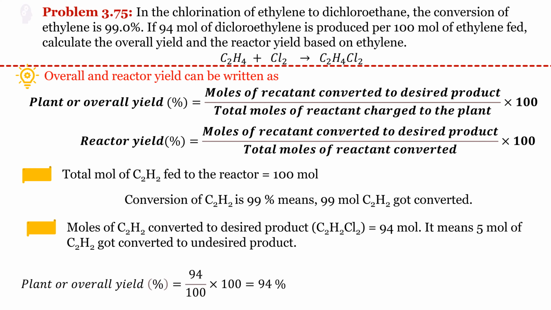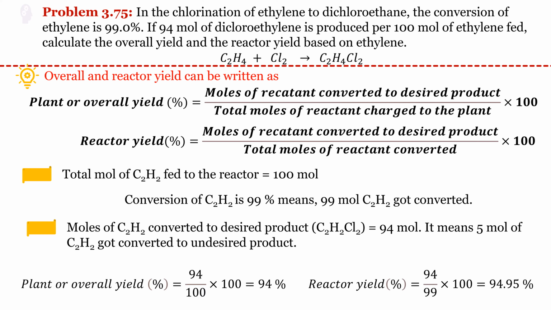Now we can write the plant yield will be equal to 94, which is moles of reactant converted to the desired product, divided by total moles of reactant charged to the plant, that is 100 moles, into 100, and it will come out as 94%.